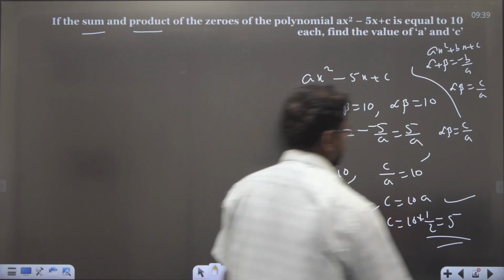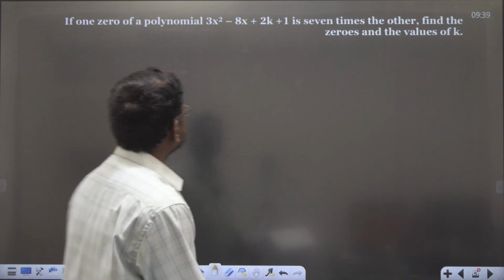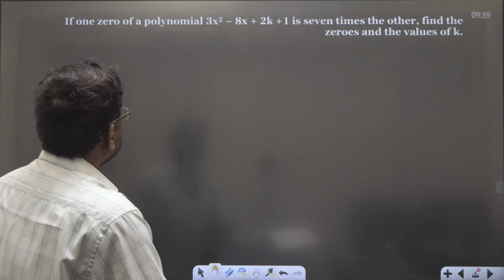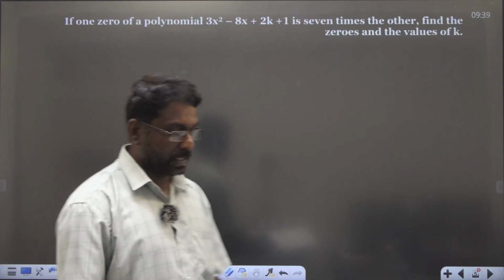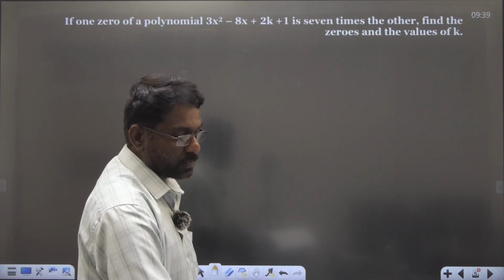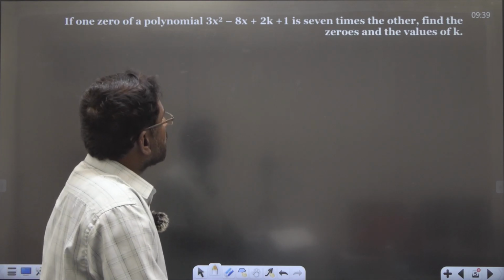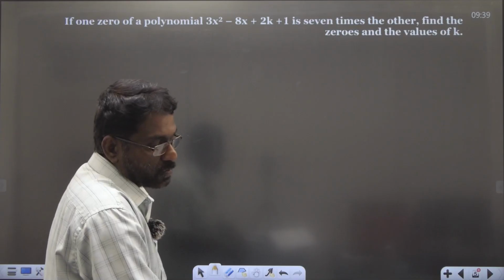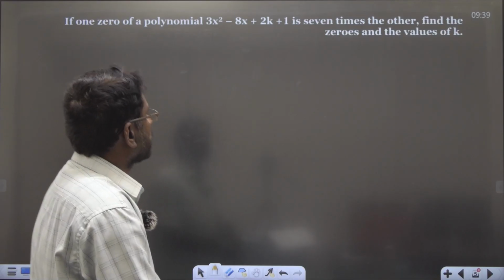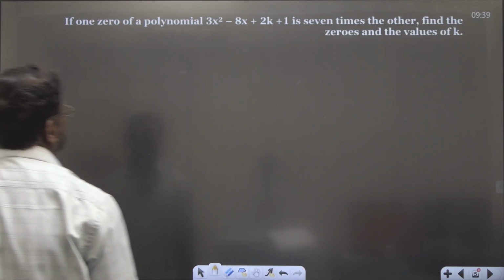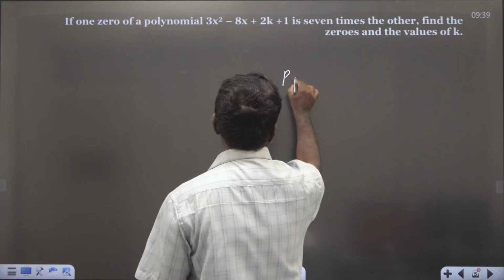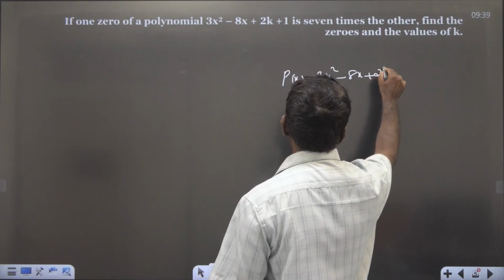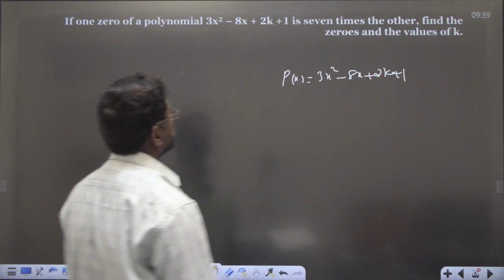Yes, next question. If one zero of the polynomial 3x square minus 8x plus 2k plus 1 is 7 times the other, find the zeros and the value of k. Here the given polynomial is p of x equal to 3x square minus 8x plus 2k plus 1.